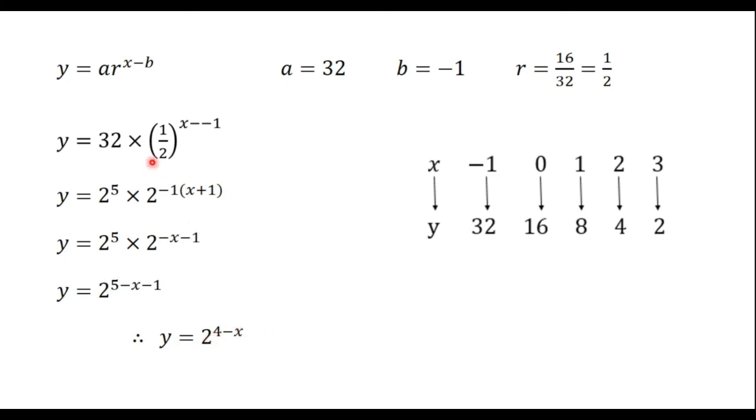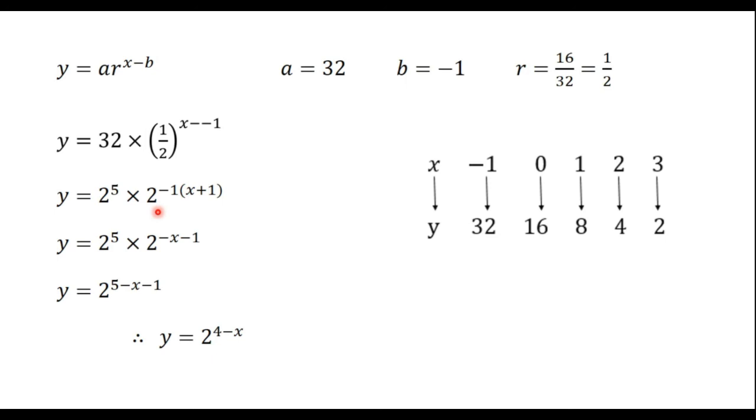So you see, when you get to this side, it's indices from here. If you watch the video on indices, you see how all these computations were done. What you have to understand is how to find a, how to find b, and how to find r. From there you can proceed with the computation.